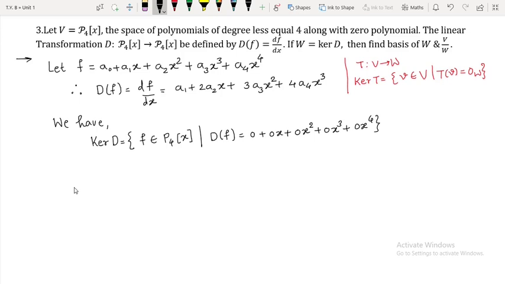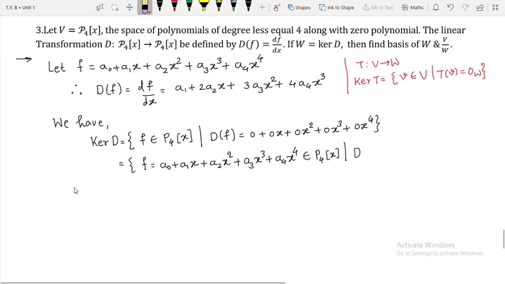Which is further equal to, so which notation are we going to use for f? f is equal to a0 plus a1x plus a2x square plus a3x cube plus a4x raised to 4 belonging to P4 of x, such that D of f, since this value of f I have taken, now directly I'll take the derivative of that, and the derivative, I have already written it, is a1 plus twice a2x plus thrice a3x square plus 4a4x cube, is equal to 0.